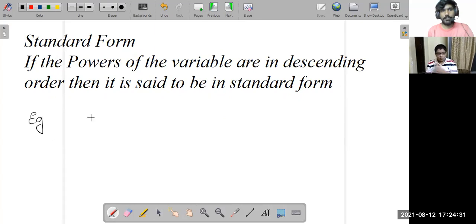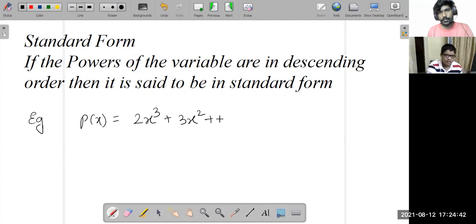So see, for example, polynomial, write down this: 2x cube plus 3x square. Write the standard form description also. What standard form is, and if the power of the variable, I have to write that also, right? Sir? Yes, write the definition also.